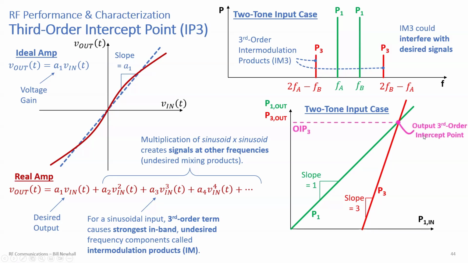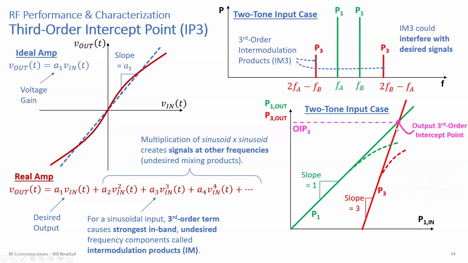That's called the third order intercept point. That's what IP3 is. The output third order intercept point is this power level right here. And if you were to actually connect test equipment, test with two tones with an amplifier and measure this, what you're going to see is the signals trail off. The powers don't follow that ideal linear slope here.